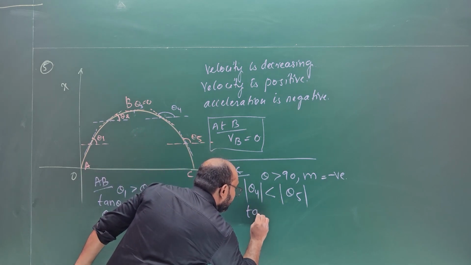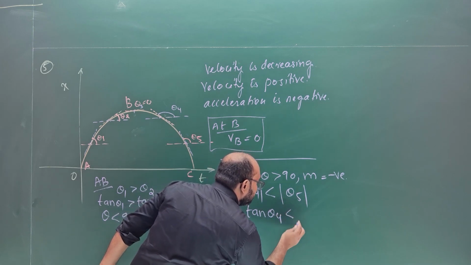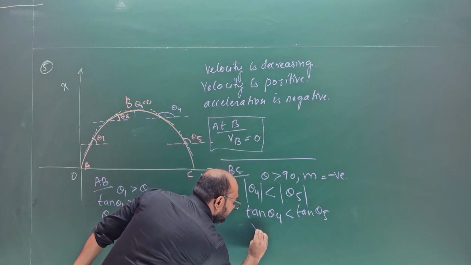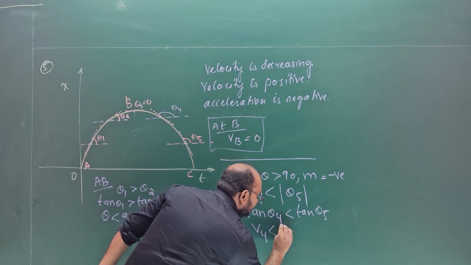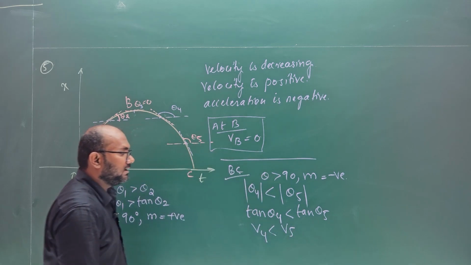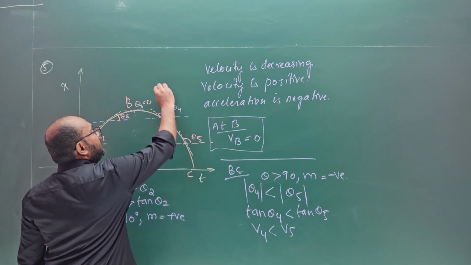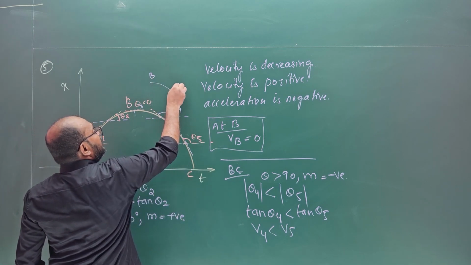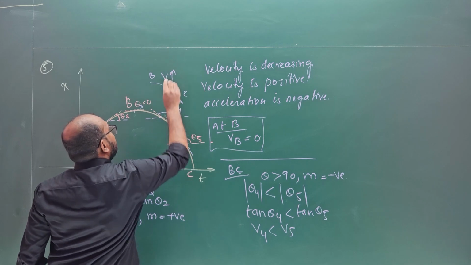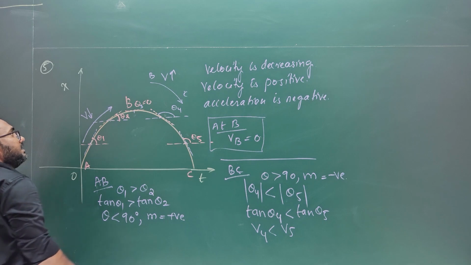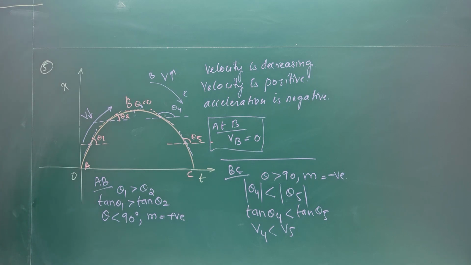Then can I say that tan of theta 4 is smaller than tan of theta 5? That means, can I say that velocity V4 is smaller than V5? What is happening in reality? Velocity is increasing. So from B to C, velocity is increasing, and from A to B, velocity is decreasing.